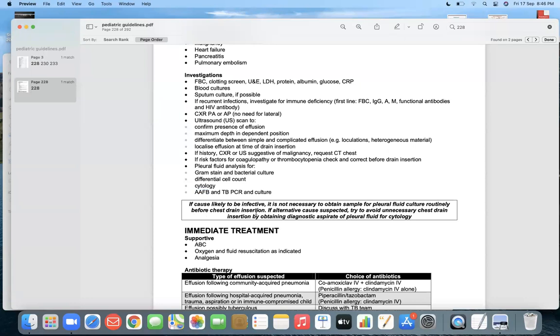If the cause is likely to be infective, it is not necessary to obtain a sample for pleural fluid culture routinely before chest drain insertion.